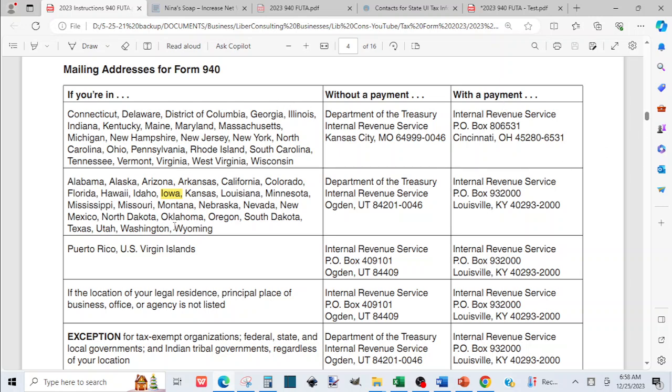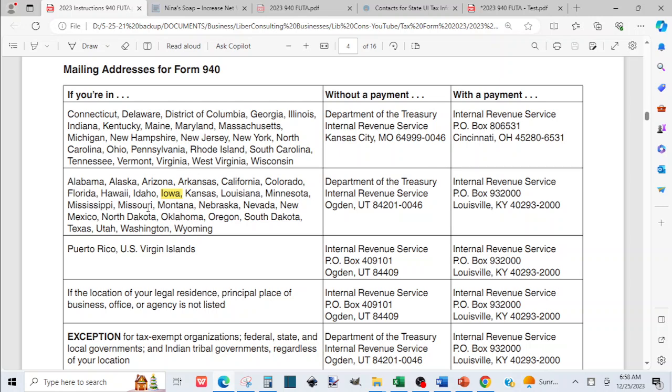So you first locate the state where your business is, and you are going to add payment, complete Form 940V. That means you are adding payment, and you are going to add a check to Form 940. Therefore, you look at mailing Form 940 with payment, and the box that corresponds to where your state is located.